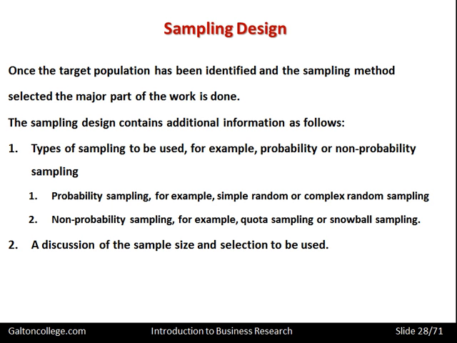A discussion of the sample size and selection to be used is important. How many should be asked if it's a sample? 10, 20, 50? What is the right number? Now, statisticians have all sorts of rules, and generally for a large sample it should be over 30.